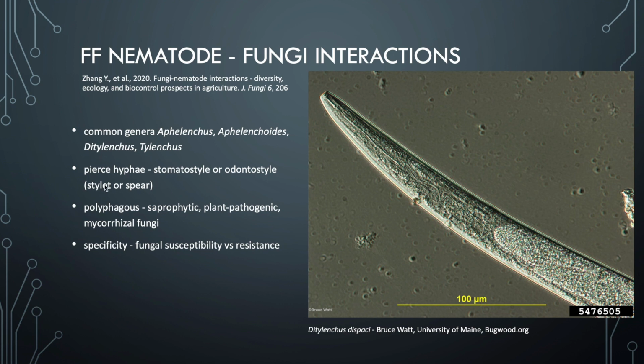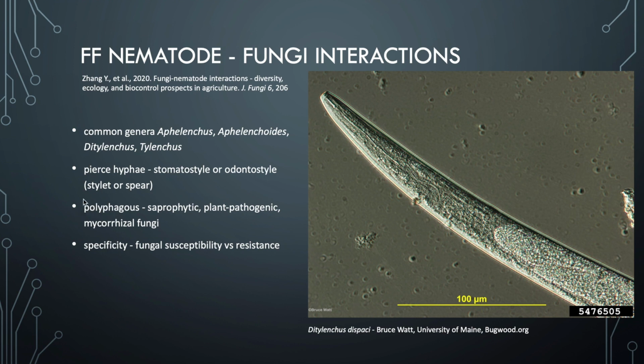They pierce hyphae because they possess a stomatostyle or odontostyle, which is a stylet or a spear as part of their mouth parts. So here is one of these devices that they use in order to pierce fungal hyphae.